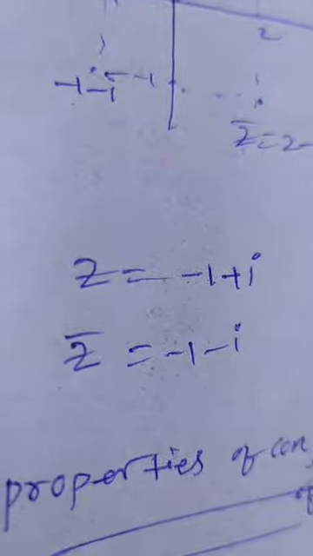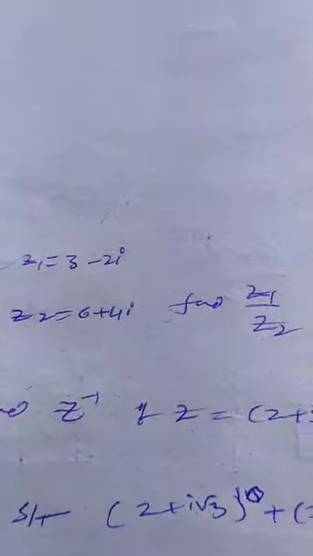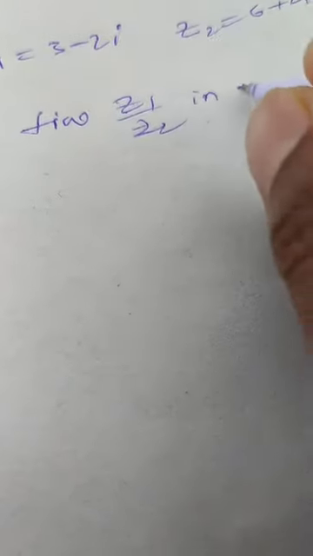Okay, let me explain one problem. Let us do one problem. If Z1 is equal to 3 minus 2i, Z2 equal to 6 plus 4i, then find Z1 by Z2 in rectangular form.